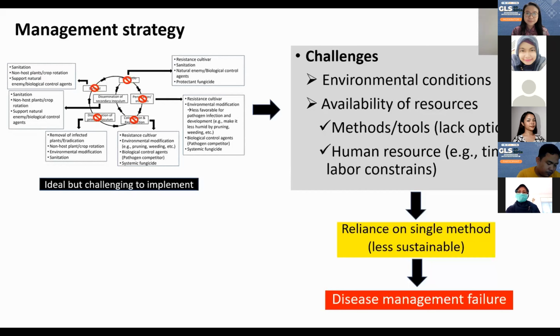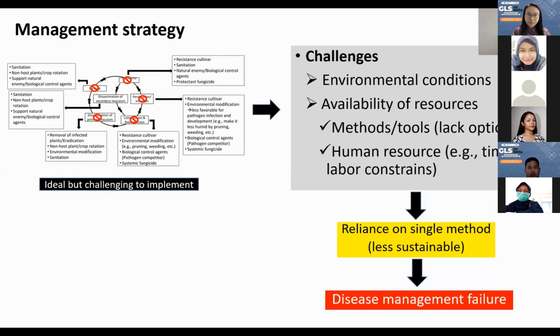Another challenge is the availability of resources, okay? So in some areas, probably in tropical areas, they don't have a lot of fungicides to be used. In the US, we have so many fungicides to be used. So in some parts of the world, options may be limited, right? All methods might not be available.